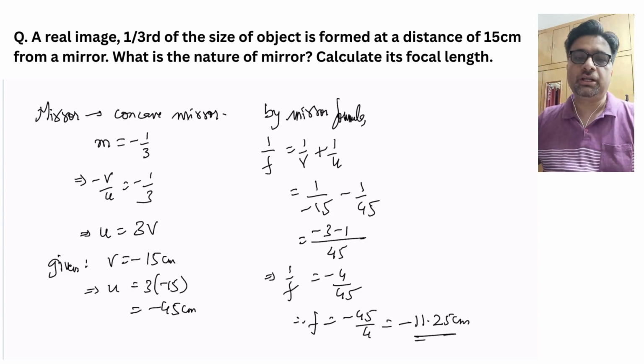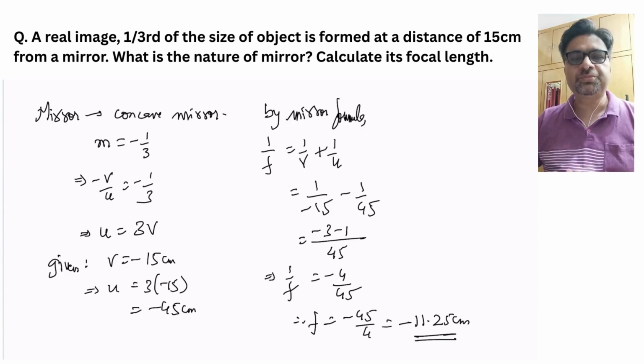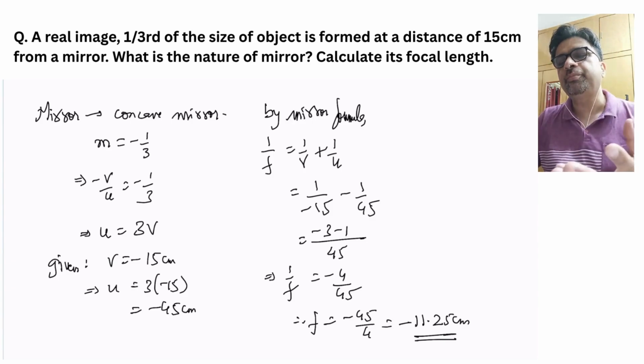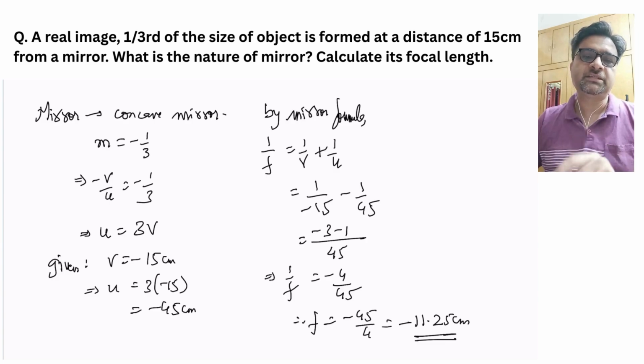That's the focal length. Interestingly, we are complying with the observations from the ray diagrams that we discussed a while ago. This must be minus, which it is, and the numerical value of this must be less than 45 centimeters, which is the case again.